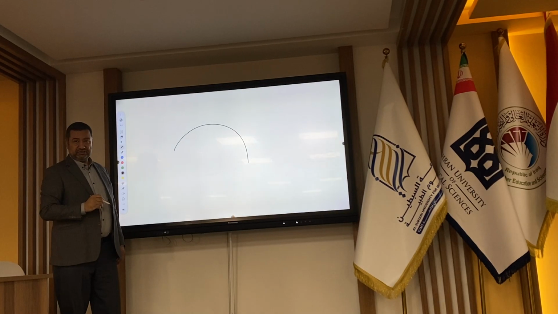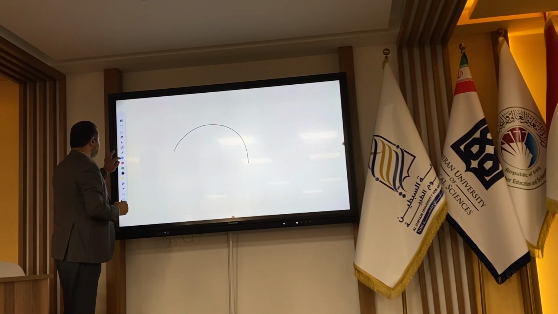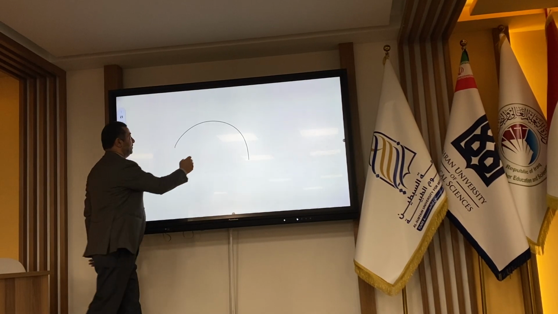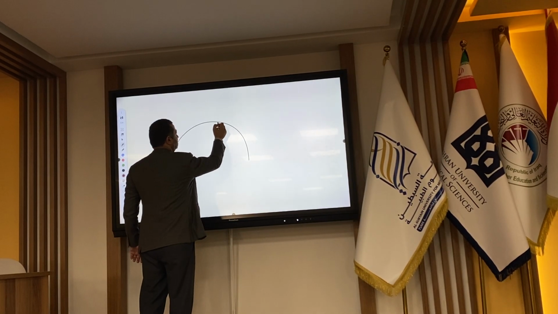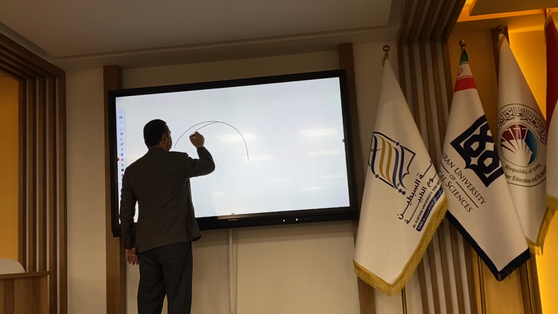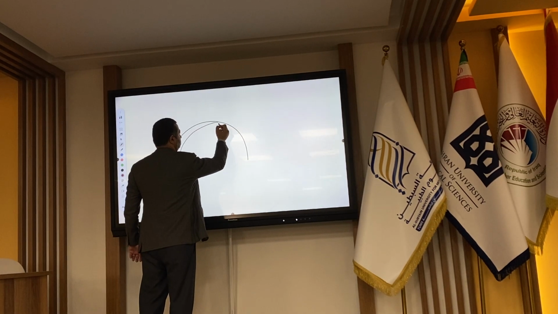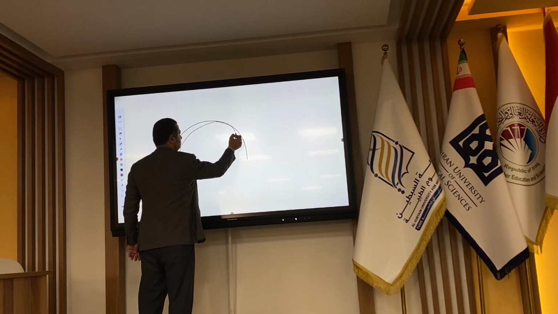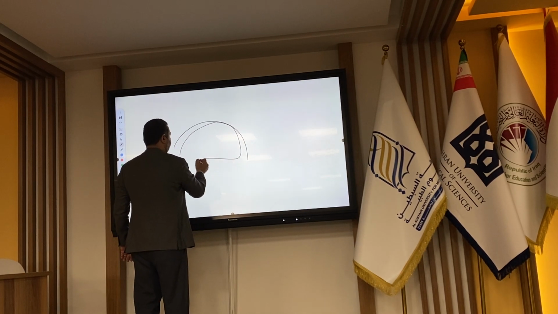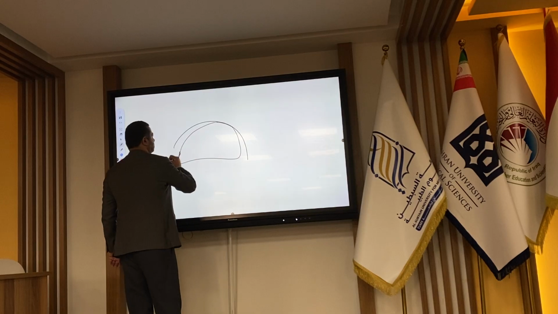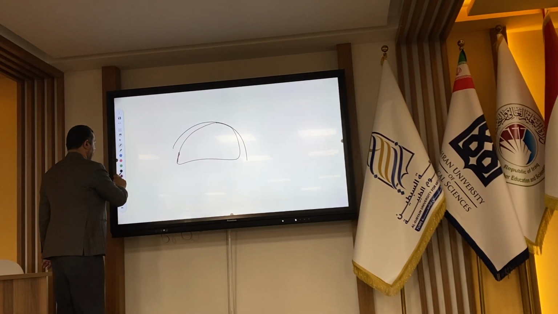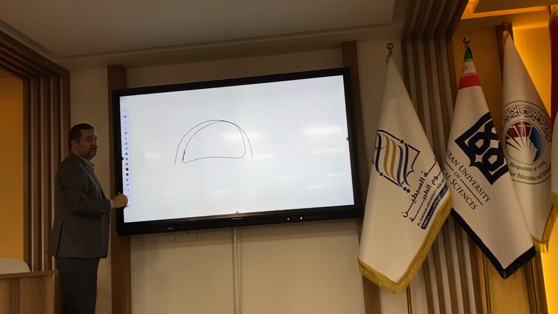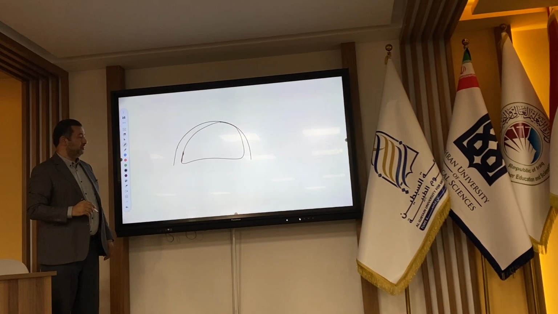This is diaphragm, and this structure is the liver. A part of the liver is attached to the diaphragm.